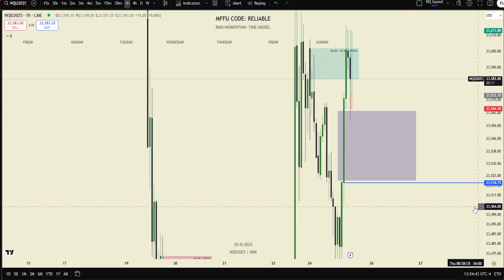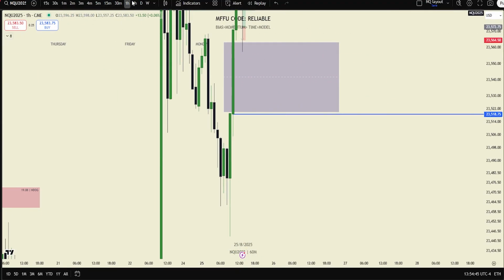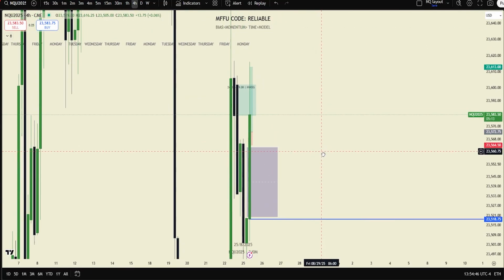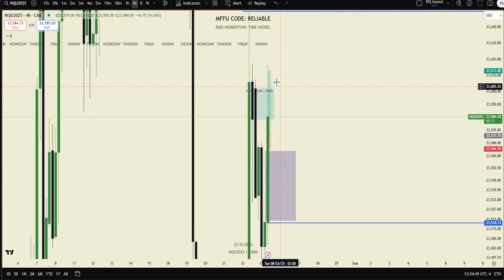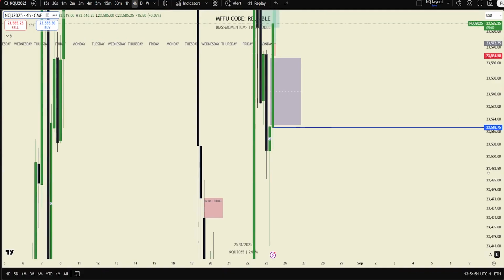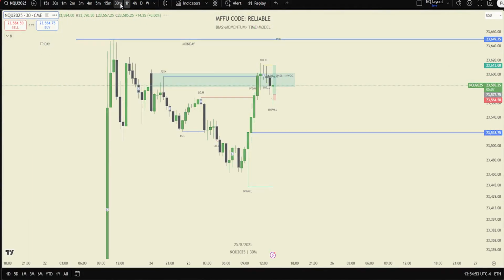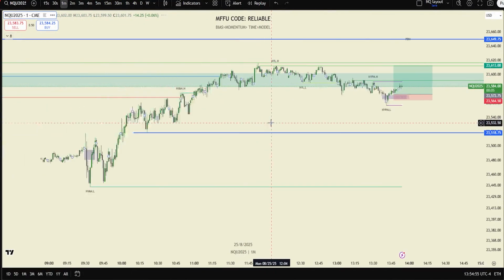This is actually almost a 4-hour SMR, but I don't know. You didn't really get a true liquidity sweep here, so it's not really SMR.